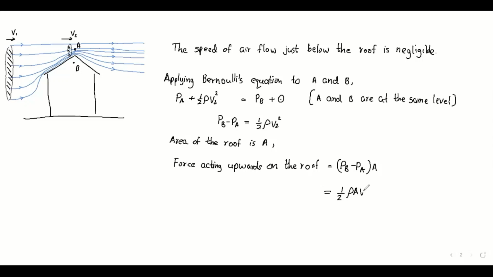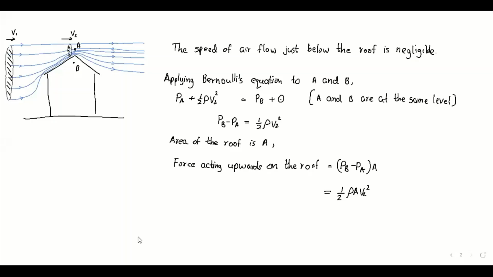Half rho A V squared. This is the force acting upwards on the roof. So we can write, when this force is greater, the roof may be blown off.